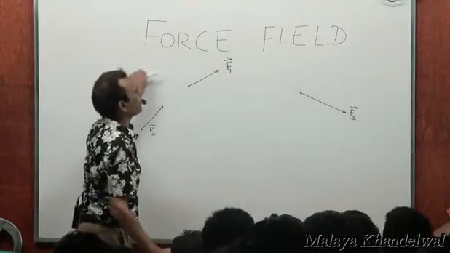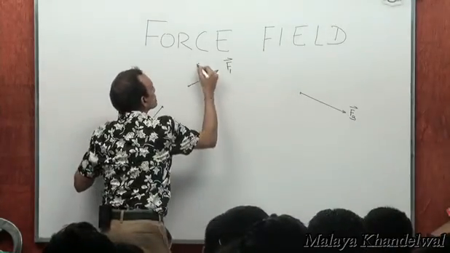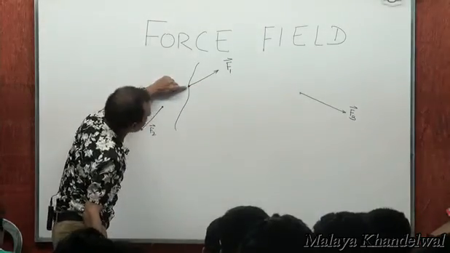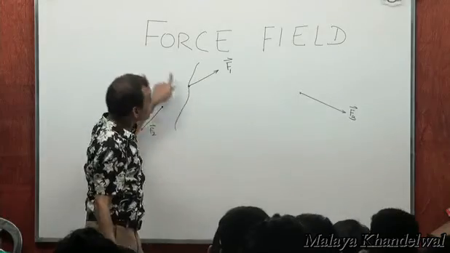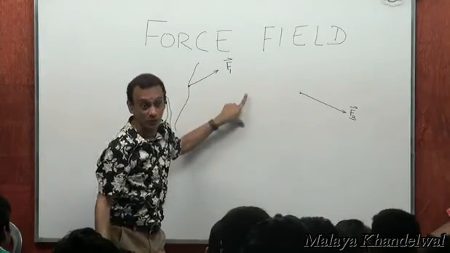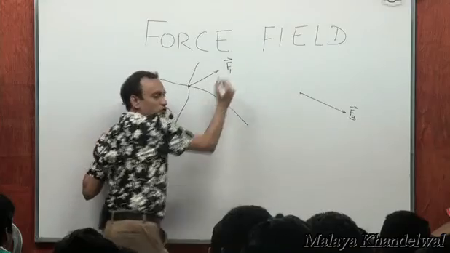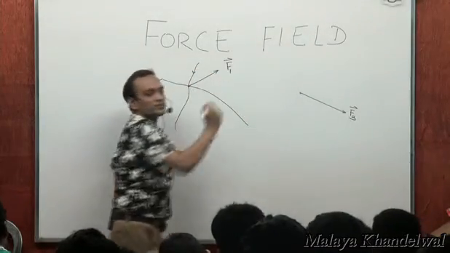There could be a particle in this region, and on its passage through this point, we know for sure it must have experienced a force F1 like this. Now, it does not matter how the particle passed through this point. It might have passed through this point this way, then also the force experienced will be this. It may have passed through the point this way, then also the force experienced would be this.